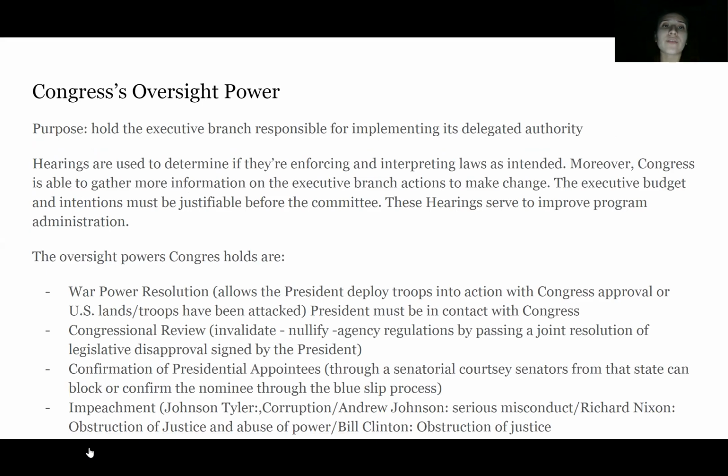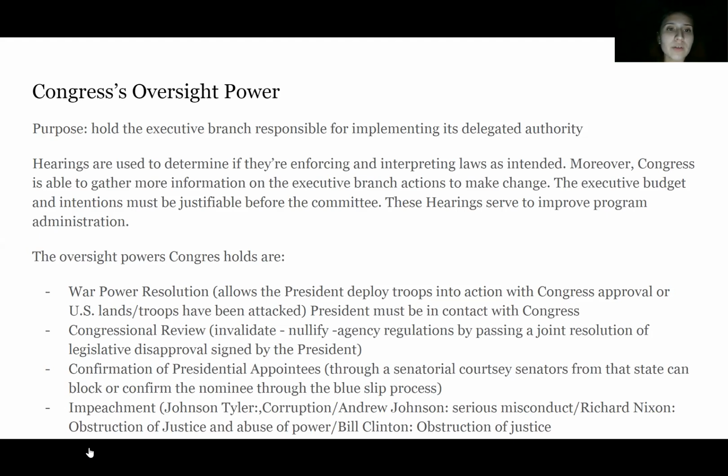Congress is able to gather information on what the executive branch wants to focus on and make change during that year, during their whole entire terms. The executive budget and intentions must be justifiable before the committee. They also serve to improve the administration. So obviously Congress is going to use their checks and balances to make sure that the executive branch is following through with what they're saying they want to accomplish.